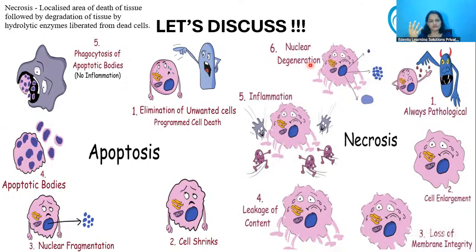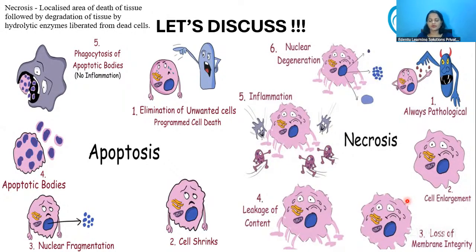In necrosis, usually the cell will enlarge and lose its membrane integrity. We have the plasma membrane covering the cell. This plasma membrane will get broken down at places, so it will give a moth-eaten appearance if you look at it under the microscope.